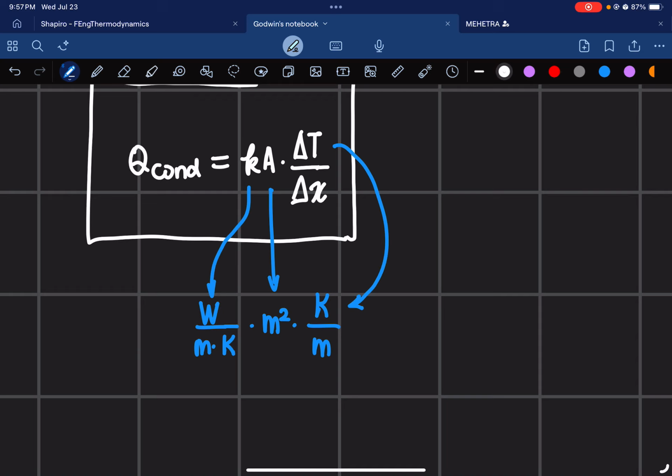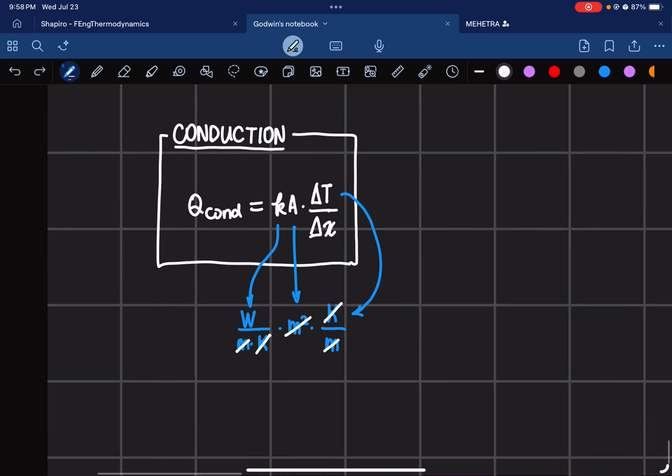Okay? Just so we understand, right? Kelvin cancel, dalawang M sa ilalim, and then dalawang M sa taas. We will be left with, of course, watts, which is the same unit that we need for heat transfer.